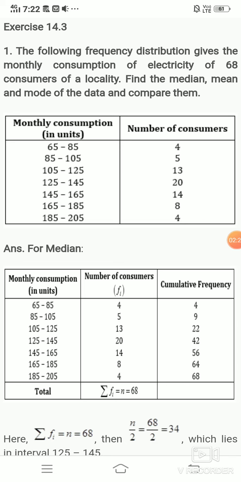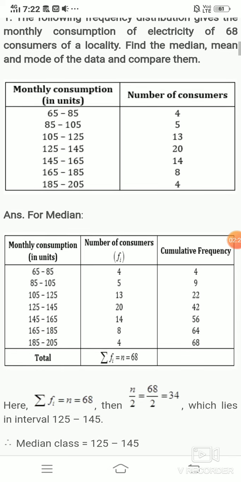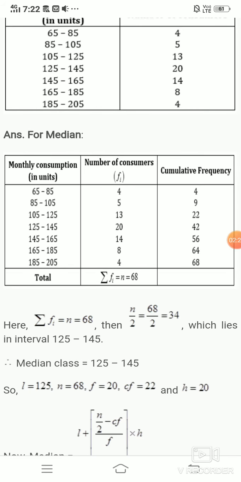This final number, the last number, is the total number, small n. The sum of the frequencies is small n, here 68. So the middle value is n by 2, 68 by 2, which is 34. Which interval does it lie in? The next greater value in the cumulative frequency table is 42.